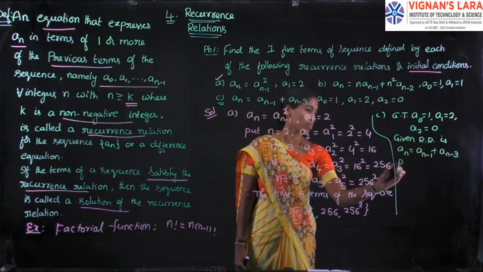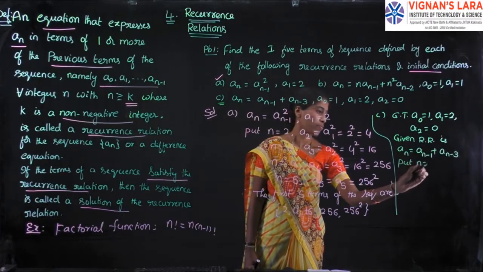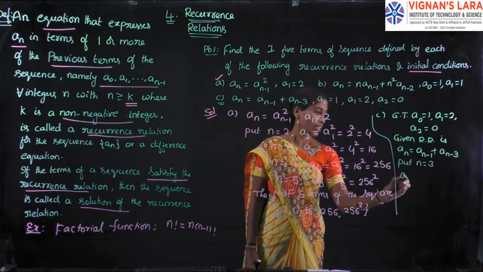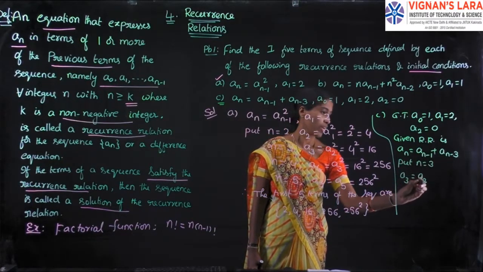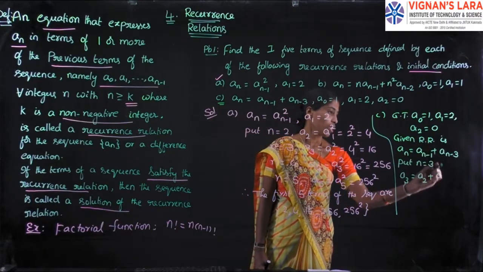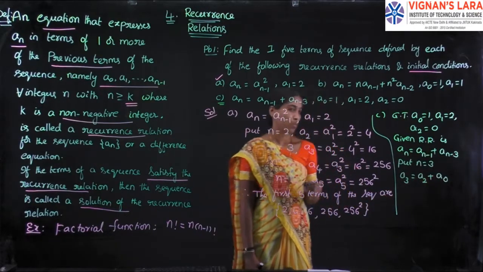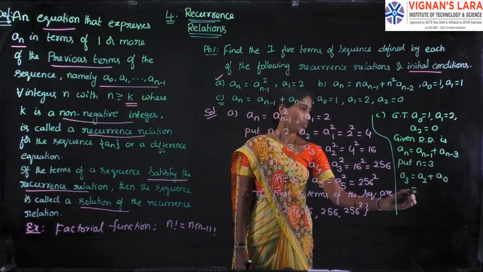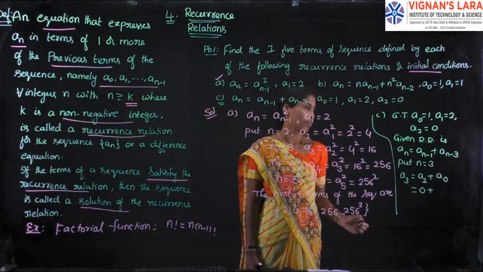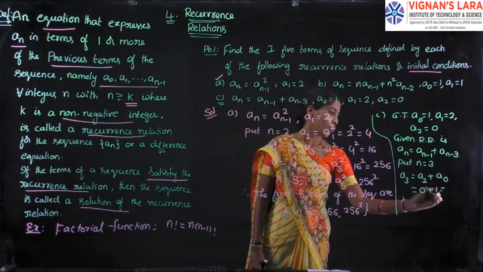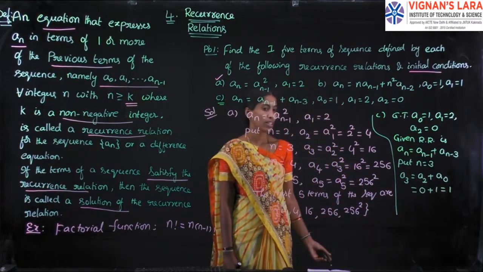Put n is equal to 3. We get A3 is equal to A2 plus A0, since n minus 1 is 2 and n minus 3 is 0. The A2 value is 0 and the A0 value is 1, so we get A3 is 1.